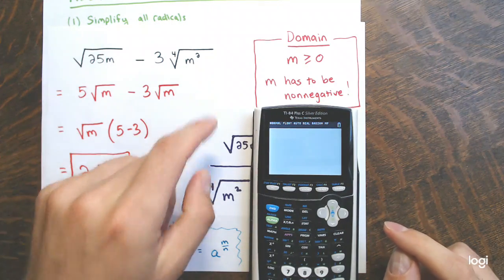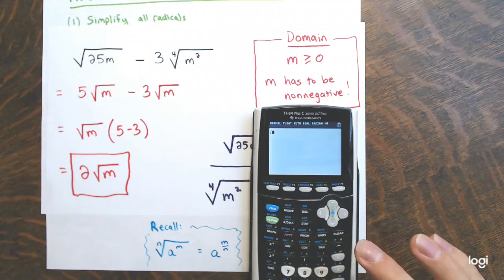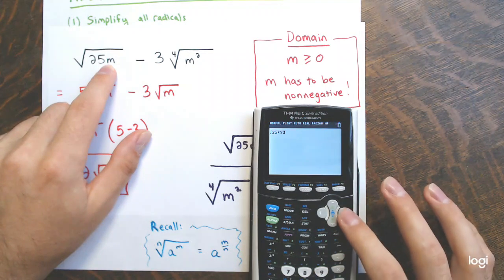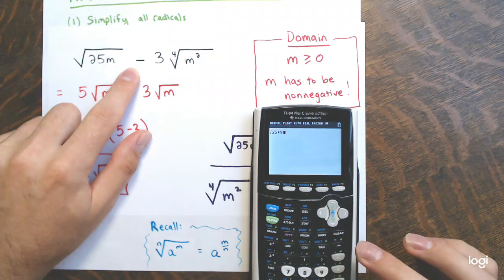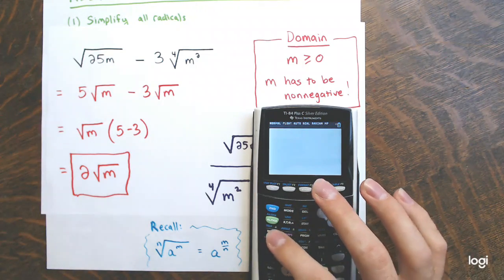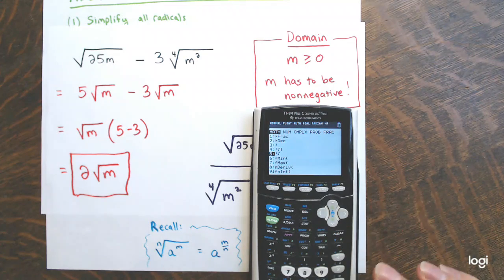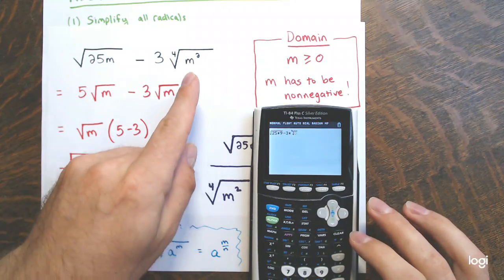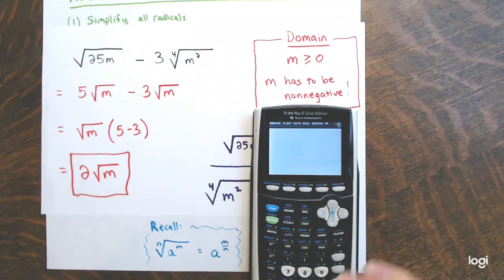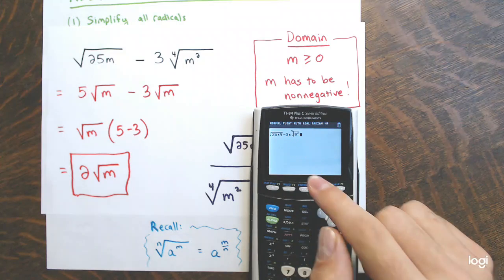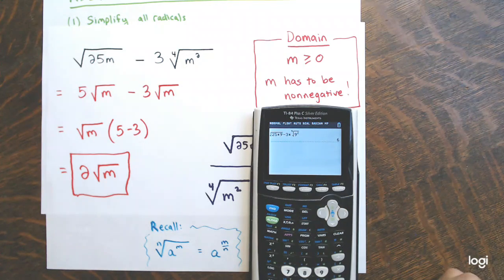So the first expression, I have the square root of 25 times m, but I'm replacing m with 9. Then after that, minus 3 times the fourth root, a radical with an index of 4, of m squared, 9 squared, replacing m with 9. So the first expression, where m is replaced with 9, gives me 6.